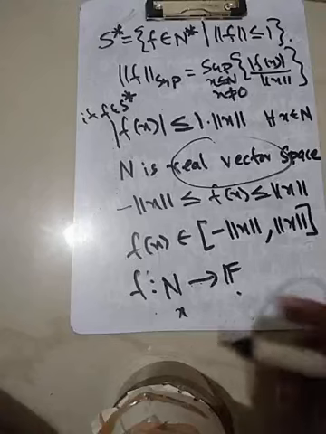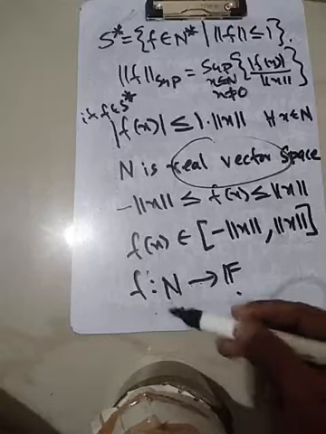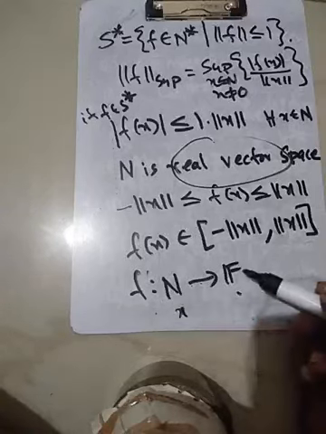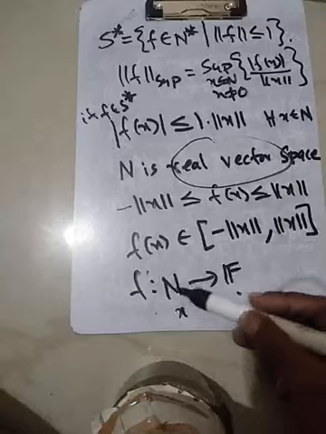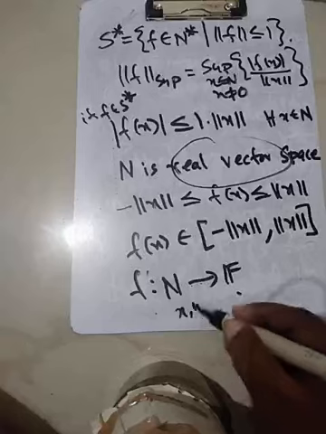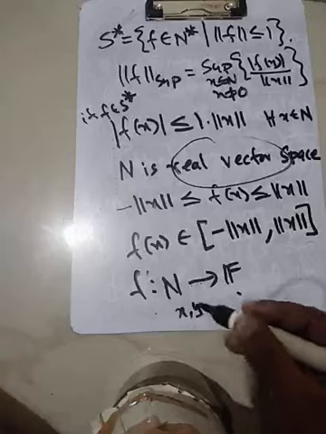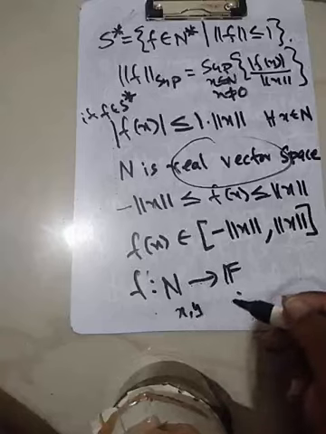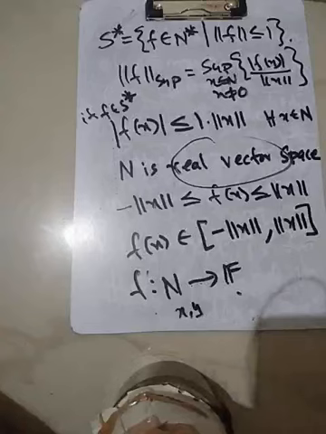So if you take this x, f of x is one particular value. As you change your x, suppose there is another point y. So what happens to this f of y? f of y belongs to the closed interval minus norm y to norm y, so exactly one value in this interval.